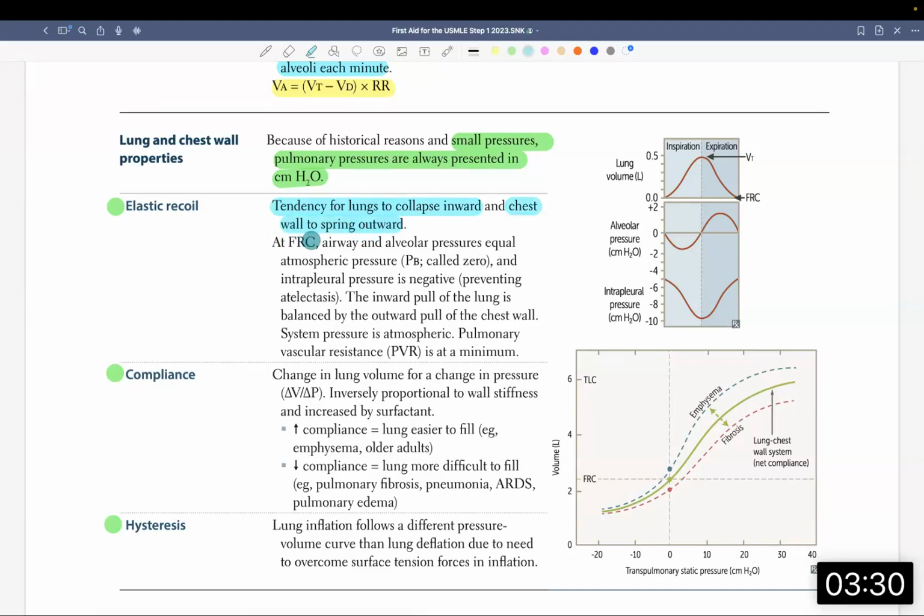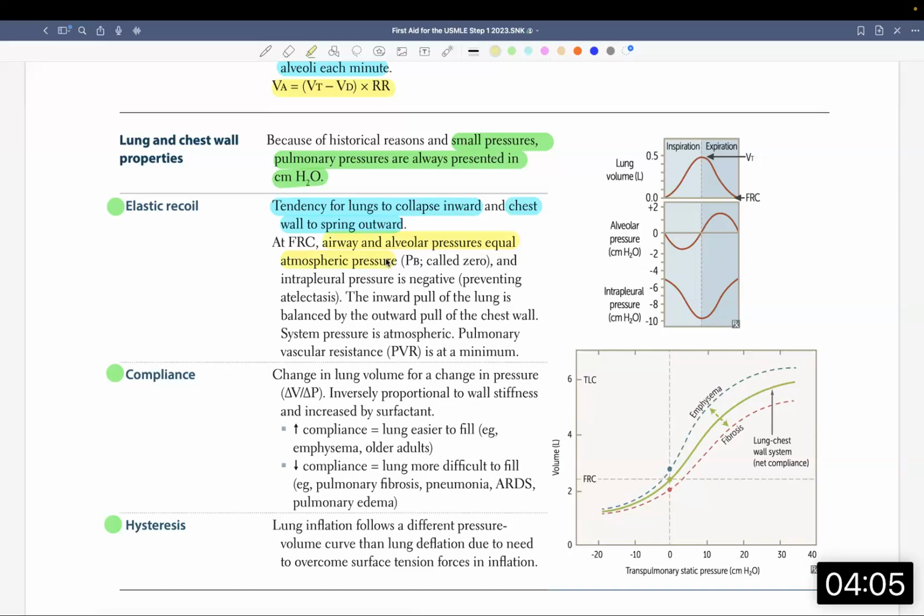At FRC, which is functional residual capacity, the airway and alveolar pressures, meaning the pressure in the airway and the pressure in the alveoli, equal the atmospheric pressure, which is PB, called 0. So inside is equal to outside.